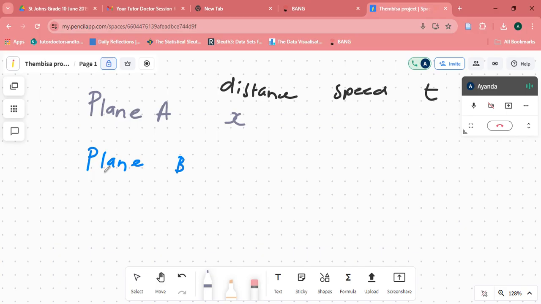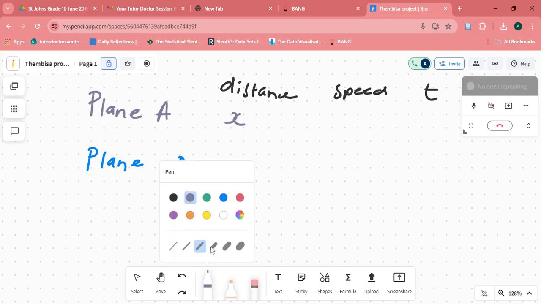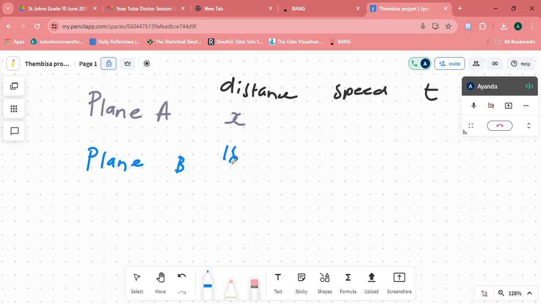And plane B, since it's going from Cape Town to King Shaka, travels 1,634 minus x. This is the distance where the two planes meet.